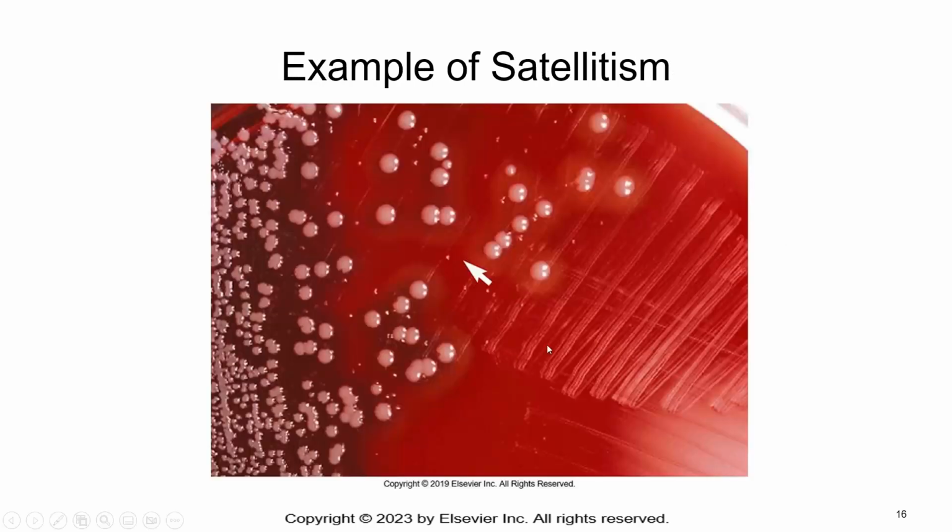So here is, for example, Staph aureus, and because Staph aureus is degrading the blood cells around it, you will see these tiny colonies of Haemophilus arise in between the growth. They're arising there because the Staph aureus is breaking apart the blood and releasing those factors so that Haemophilus can grow.